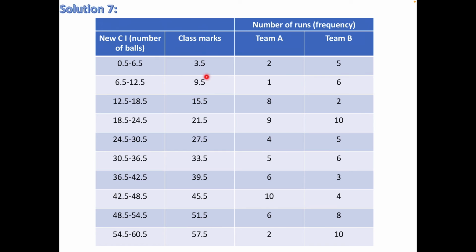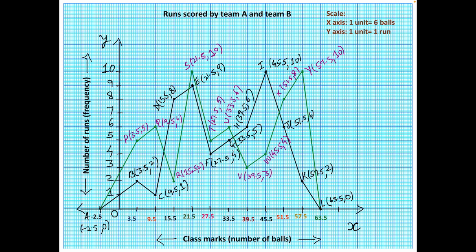Now we will write class marks on x-axis and frequency on y-axis, and accordingly we will select the scale. Let's see. Runs scored by team A and team B. We have named y-axis as number of runs, that means frequency, class marks, that means number of balls on x-axis, and x-axis 1 unit is equals to 6 balls because class size is 6, right? And here for y-axis 1 unit is equals to 1 run, as you can see.